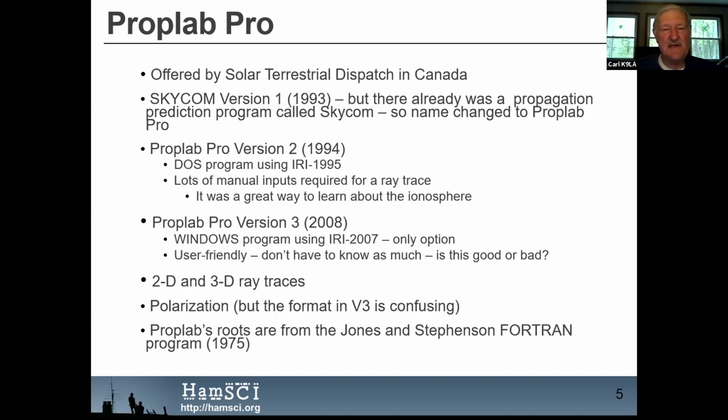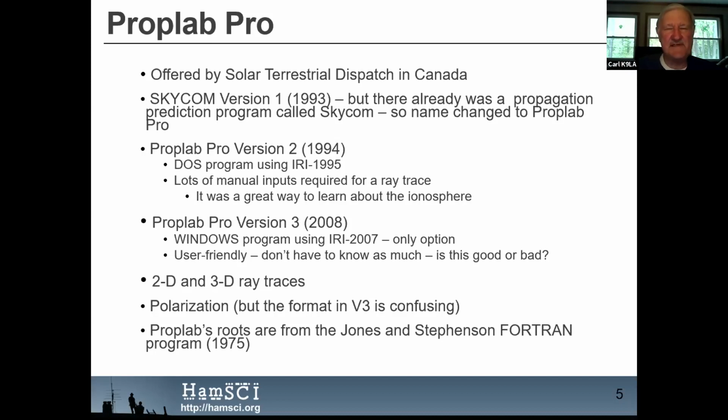Then in 2008, PropLab Pro version 3 came out. It was a Windows program, and it uses the 2007 version of the International Reference Ionosphere. That's the only option you have as far as I understand. Now the Windows version is very user-friendly.